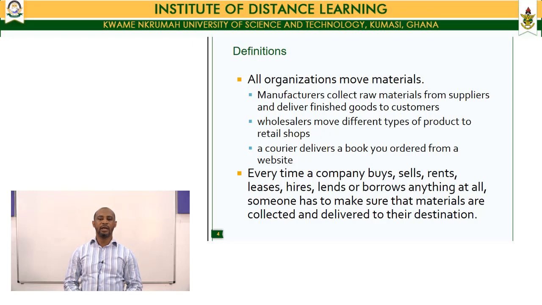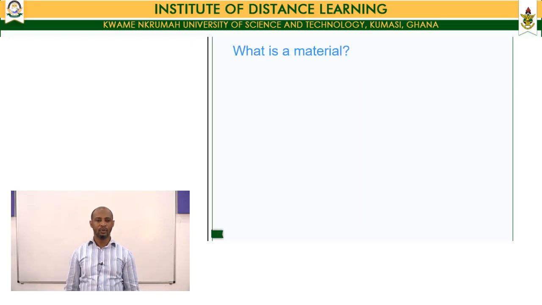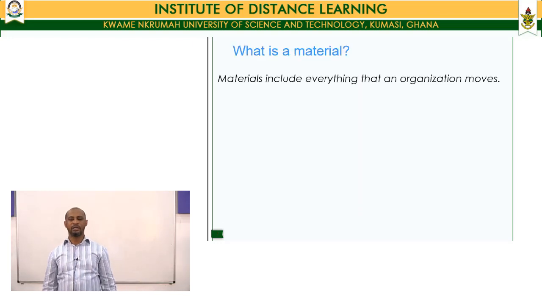So, in a nutshell, we say that every time a company buys, sells, rents, whatever, someone has to make sure that whatever has been purchased or sold is moved. So, in that case, what is a material? It includes everything that an organization moves. Please take note.